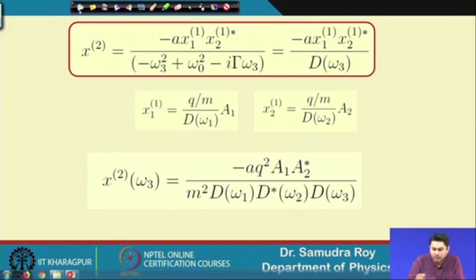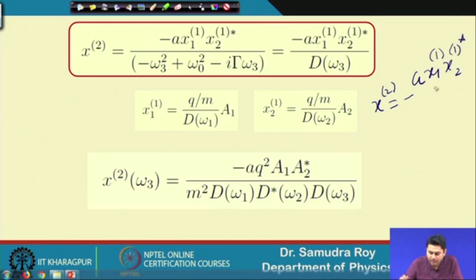So, if I do, what should be the value? X 2 is minus a x 1 x 2 star divided by d of omega 3. X 1 is this quantity, so I just replace x 1. So, x 2 will be minus a, x 1 is nothing but q by m, and x 2 is also q by m, so there will be 2 q by m.